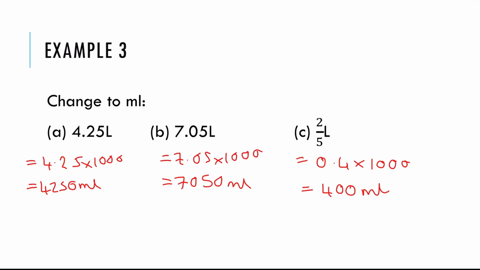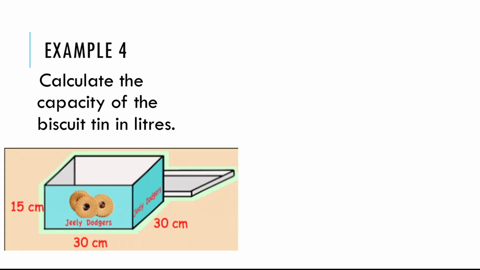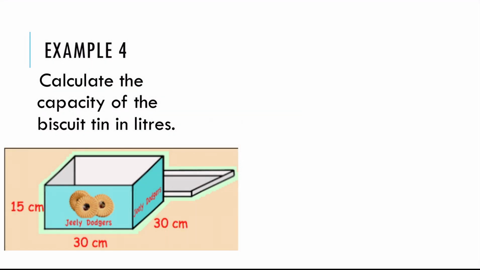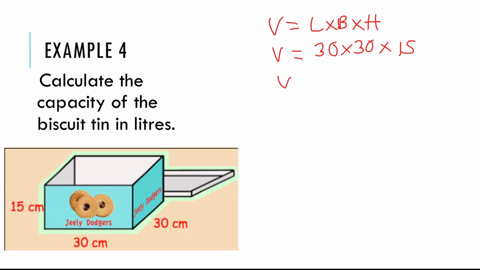Okay, so that's definitely going to help us on our last example. Calculate the capacity of the biscuit tin in litres. So let's start by calculating the volume. Multiplying everything together is going to give me 13,500 centimetres cubed.